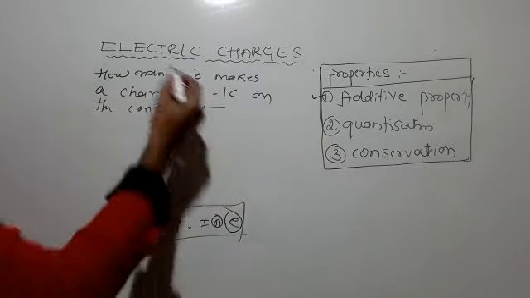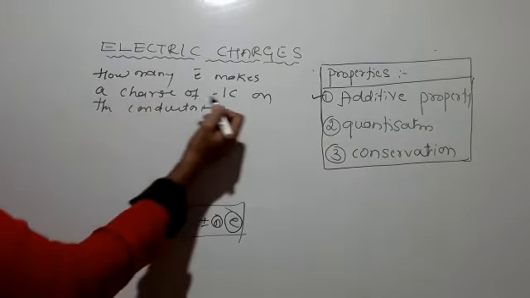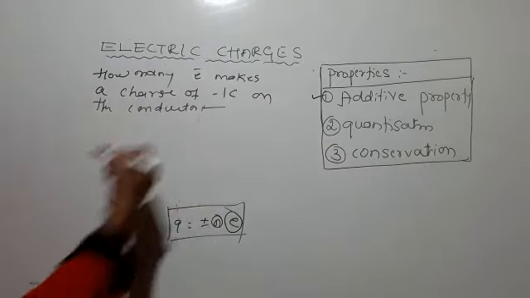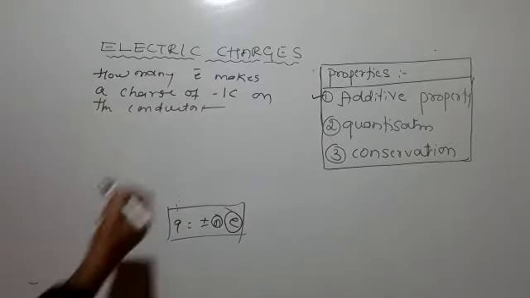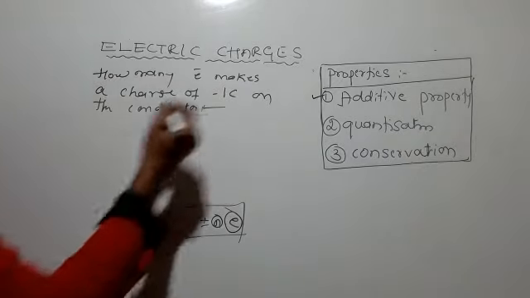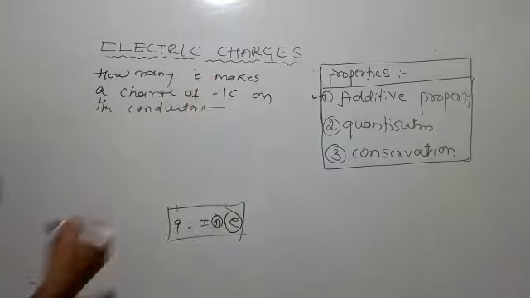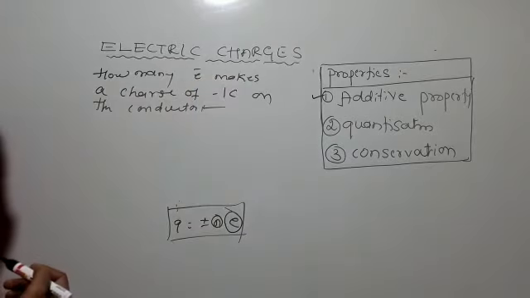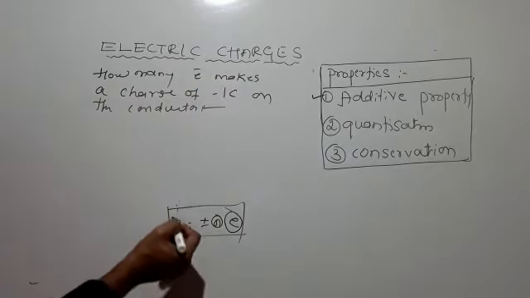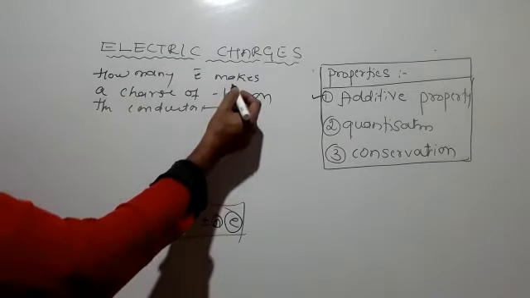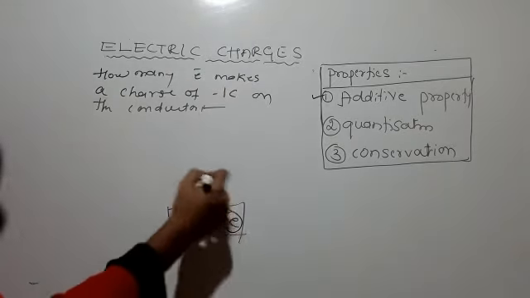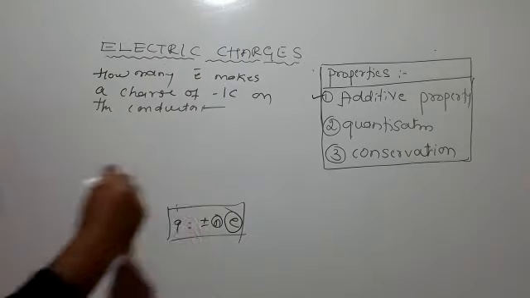So here the charge on the conductor must be equal to minus 1 coulomb, or magnitude-wise 1 coulomb. To get minus 1 coulomb of charge, how many electrons should be added to the conductor?